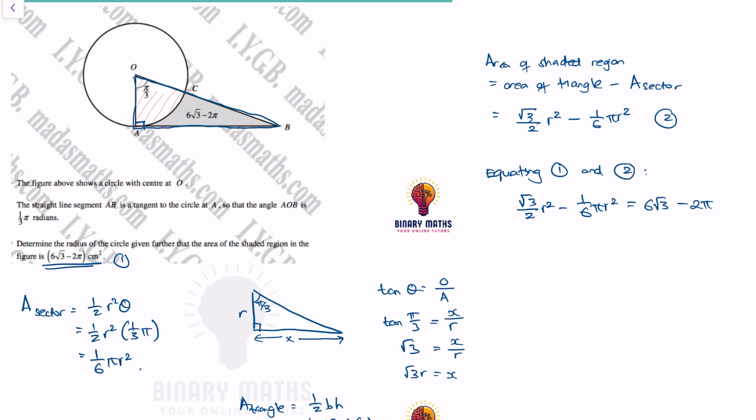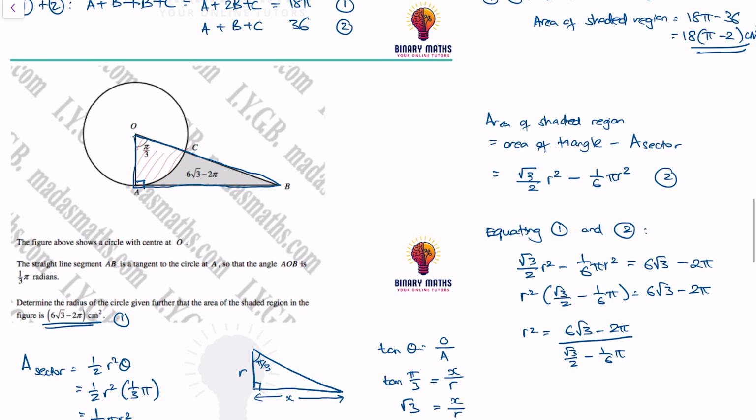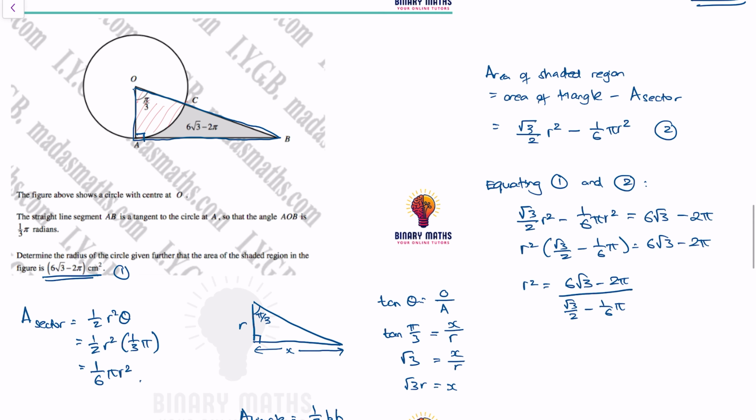If I factorize the r squared in the left-hand side, I get r squared times root 3 over 2 minus a sixth pi must be equal to 6 root 3 minus 2 pi, which means r squared must be equal to 6 root 3 minus 2 pi all over root 3 over 2 minus a sixth pi. Now if you put that into your calculator, you end up getting r squared.